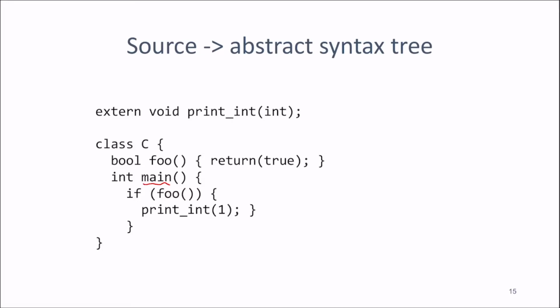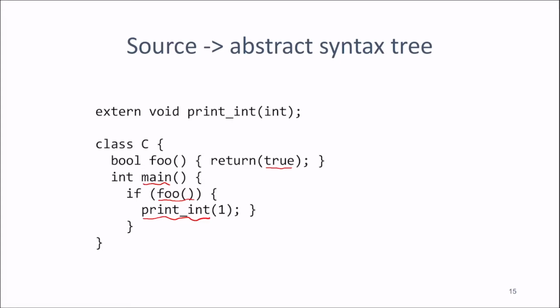And the first thing it does is it has an if statement which calls this function foo, and this function foo is just always returning true, right? So it's a fairly trivial program. It checks the value returned by this function. It's always going to be true, and then it just prints the number 1, right, using this function printing. This is the program that I want to first analyze.